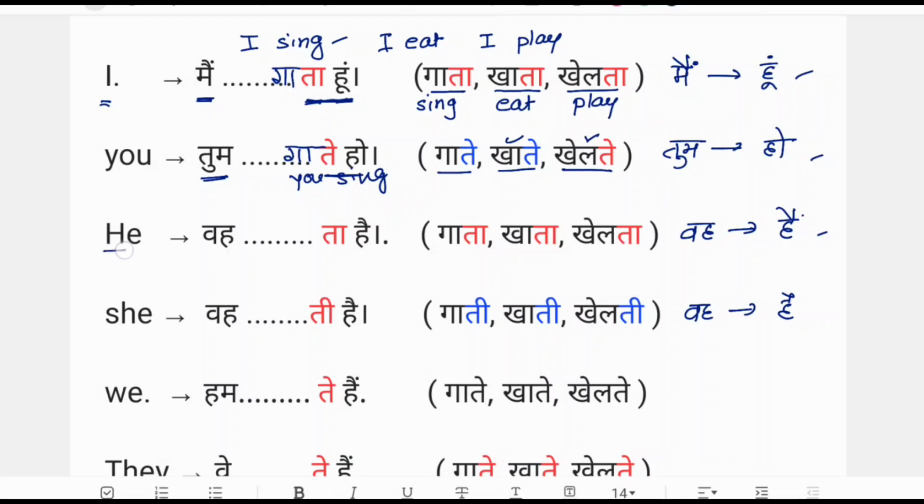And for he, we use vah, and the structure is ta hai to show it is in present indefinite. So when we use the verbs, it will be वह गाता है, that means he sings. And वह खाता है, that means he eats. वह खेलता है, he plays.